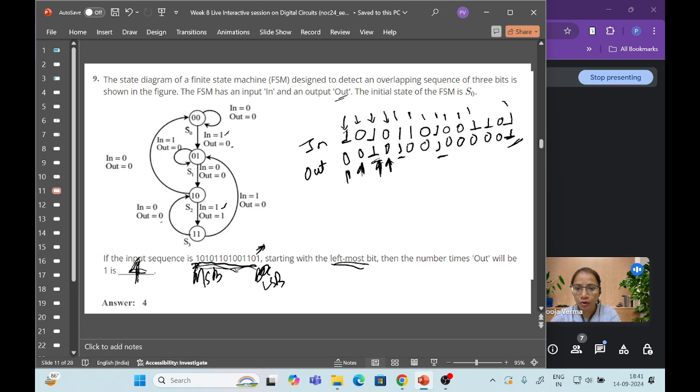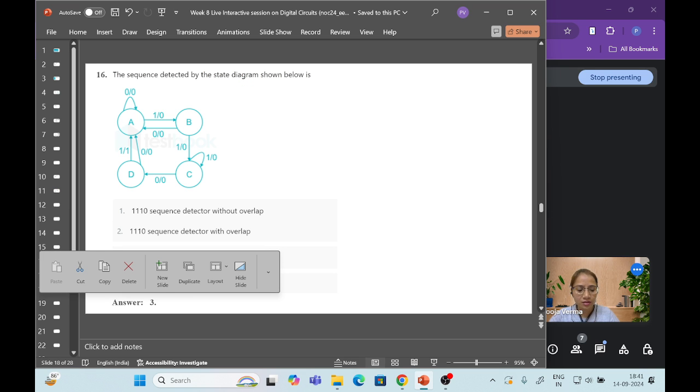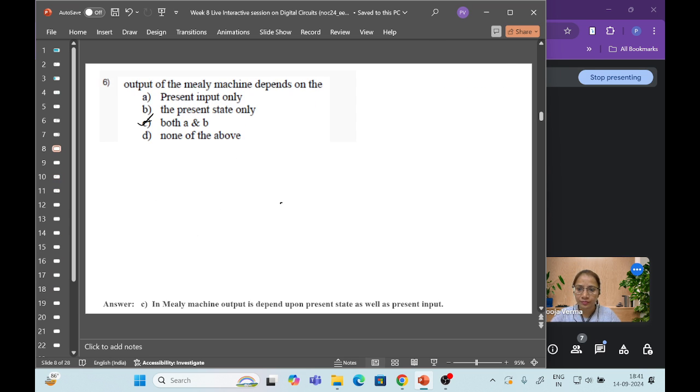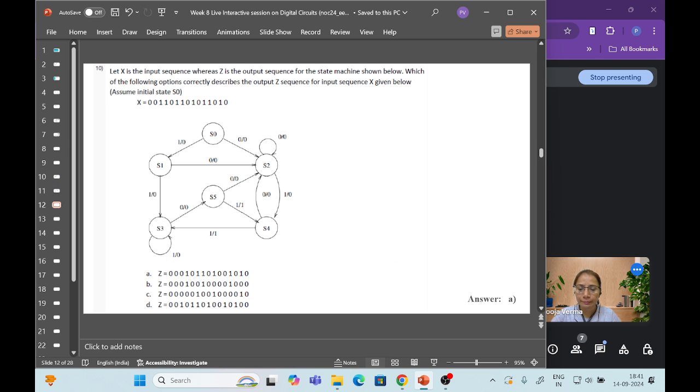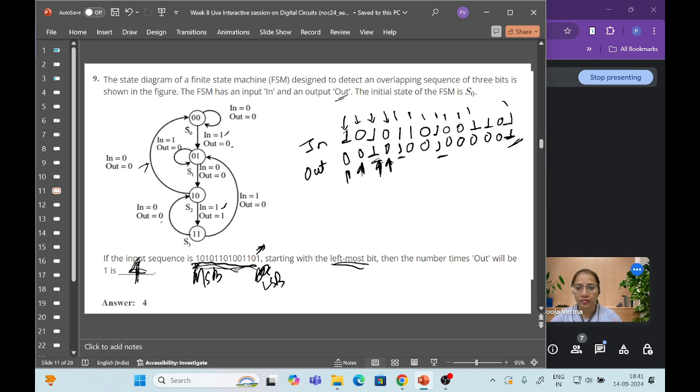Now for in equal to 1, here it is written. Just a minute. For in equal to 1, out is equal to 1.